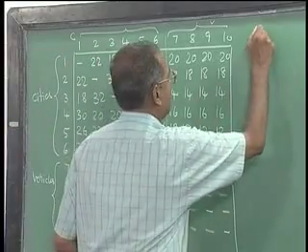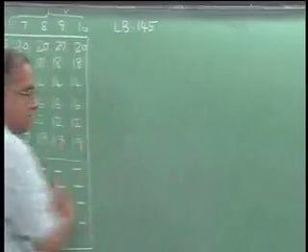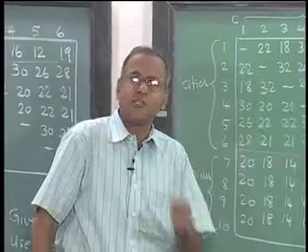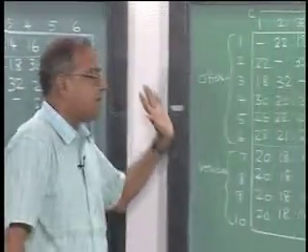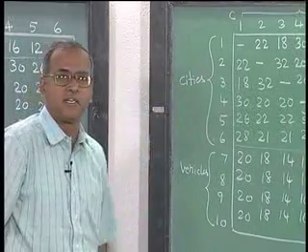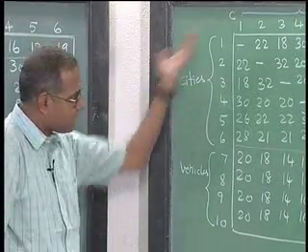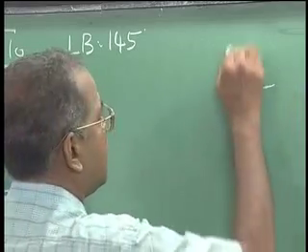So, we could say that the lower bound is 145 to this. We can actually update the lower bound further by also doing the column minimum subtractions, and if we add that to 145, we will start with a lower bound of 164.